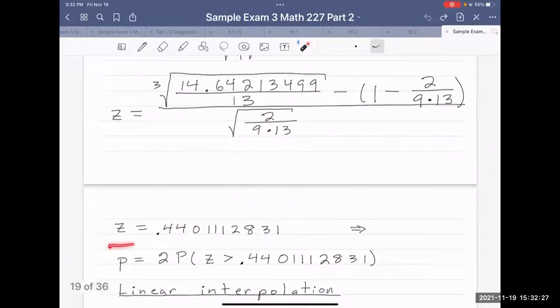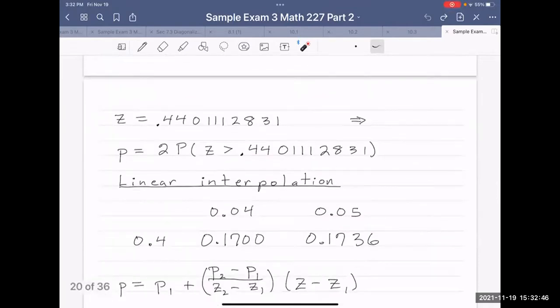And so I have that z is equal to 0.4401112831.